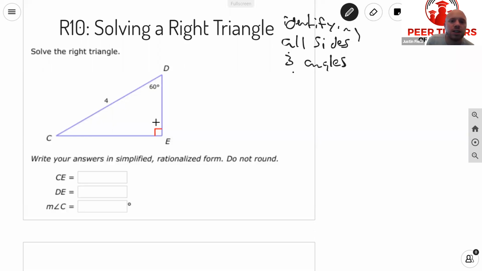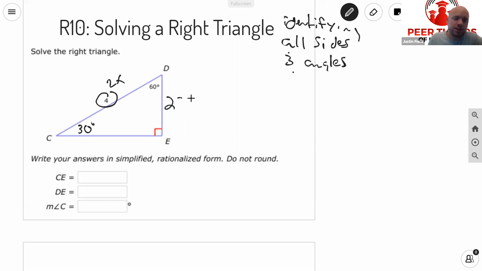Well, 60, 90, okay. They all add up to 180, so that must be 30. So now, almost there, I solved the angles. Now I just need to solve the sides. Well, this is really easy because it's a 30, 60, 90. So if the hypotenuse is 4, I know that that's my 2x.